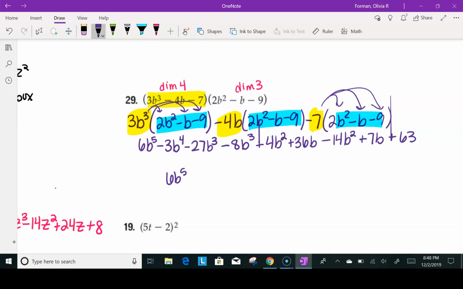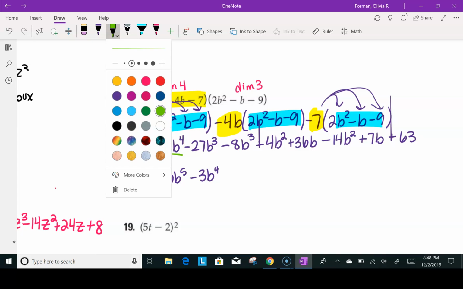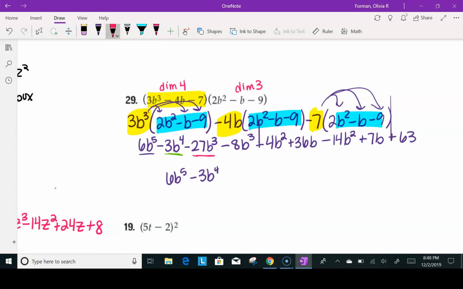So b to the 5th, we only have that one. B to the 4th, we only have one of that as well. So we get 6b to the 5th minus 3b to the 4th. Move on to the b cubes. So here's a b cubed, here's a b cubed. Negative 27 minus 8. If we simplify that, negative 27 minus 8, we get negative 35b cubed.